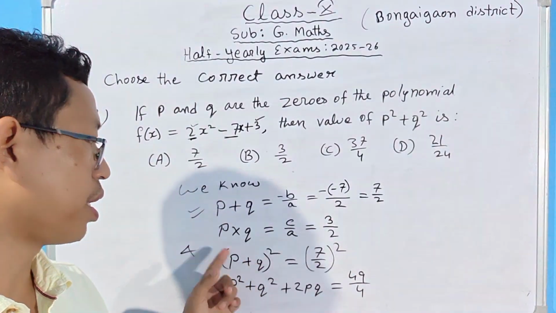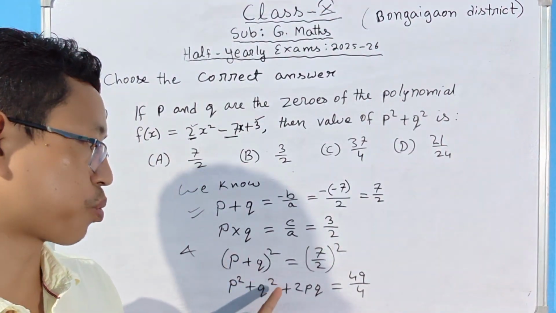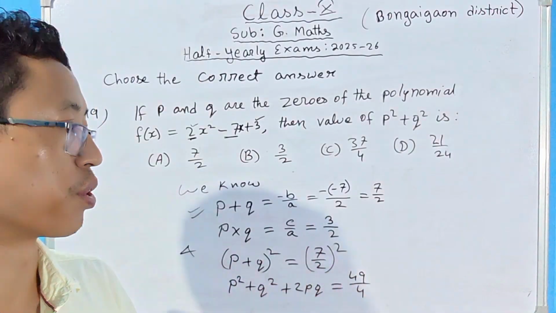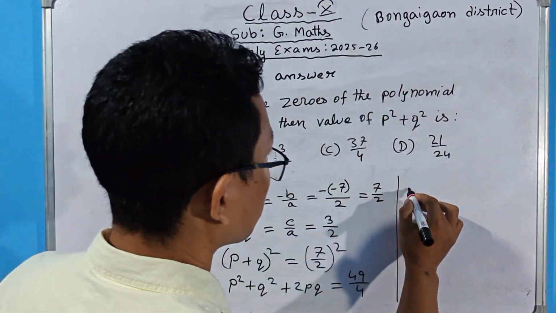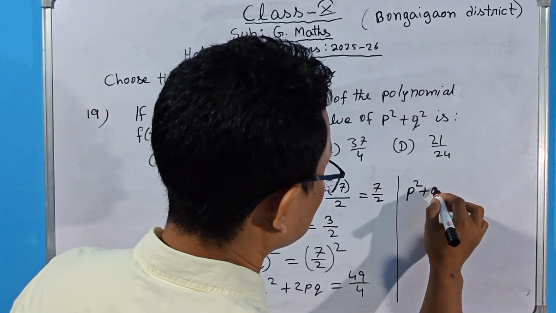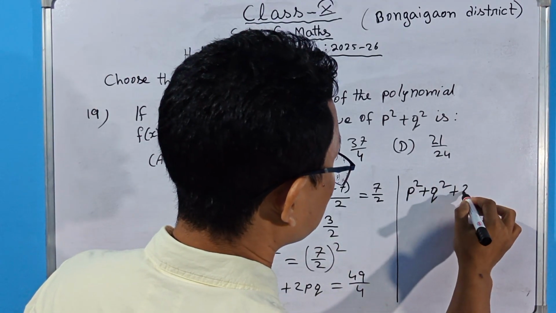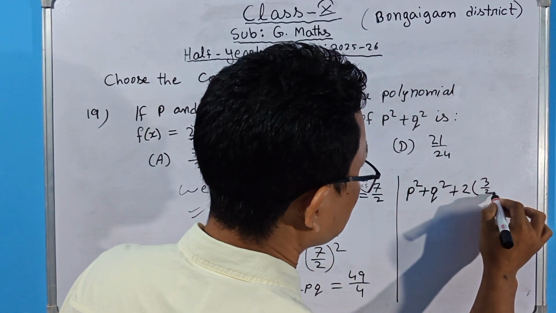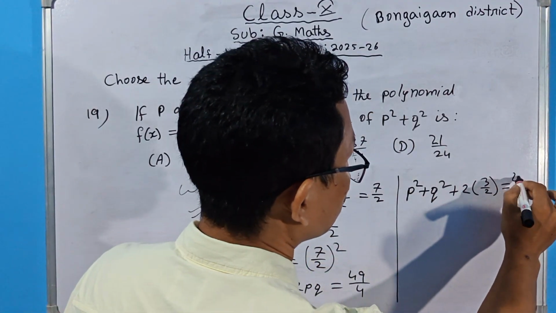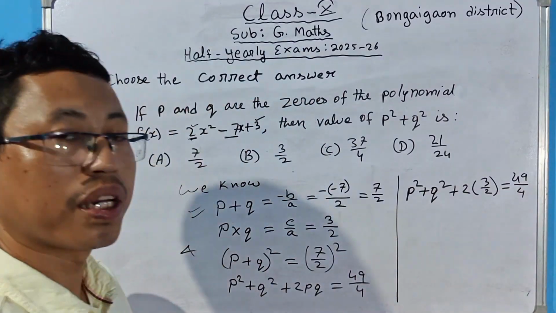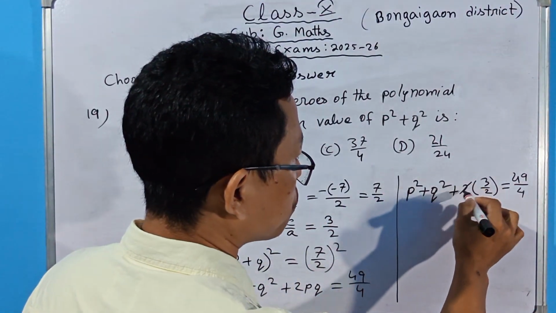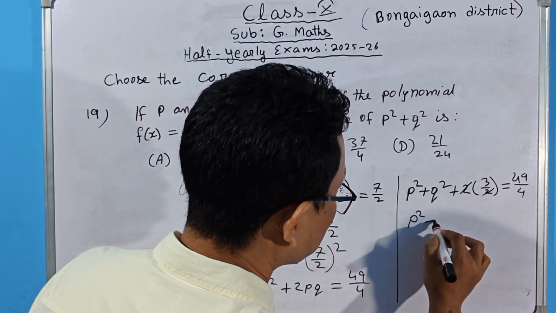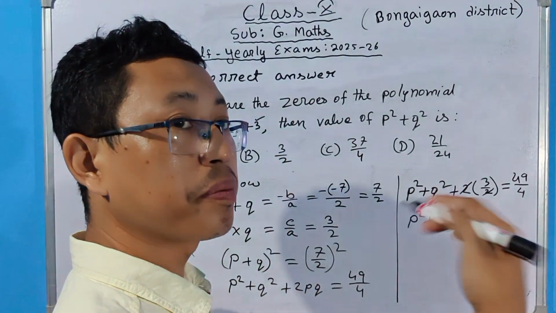Applying the algebra formula A plus B whole square, we get P square plus Q square plus 2PQ equals 7 by 2 whole square, 49 by 4. Here we have P square plus Q square plus 2, and PQ value we have here 3 by 2, equals 49 by 4. Now we solve here, 2 we cancel, only we are left with positive 3. P square plus Q square, we transpose this positive 3 from left to right.